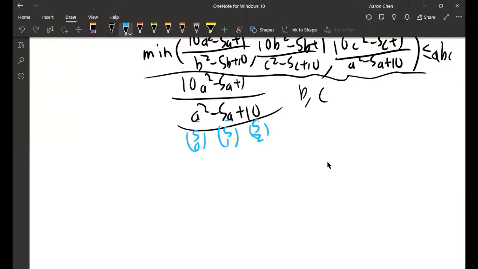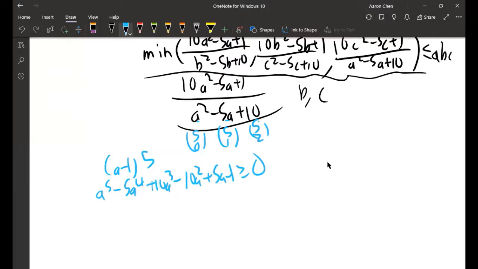And so knowing that, we can then look at a minus 1 to the power of 5. And if we expand it out, we can just see that it's equal to a to the 5th minus 5a to the 4th plus 10a cubed minus 10a squared plus 5a minus 1, which is at least 0.